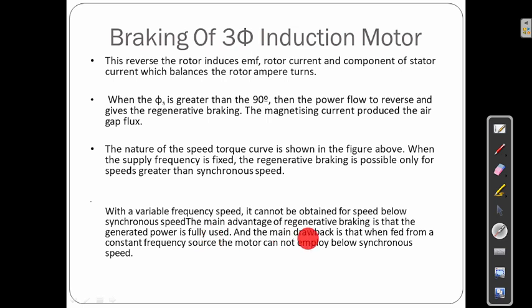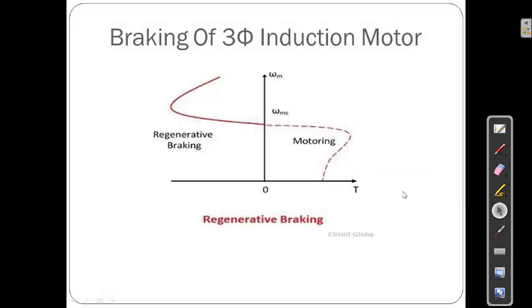The main advantage of this regenerative braking is that the generated power is fully used, and the main drawback is that when fed from a constant frequency source, the motor cannot employ braking below synchronous speed. This is the disadvantage of regenerative braking.